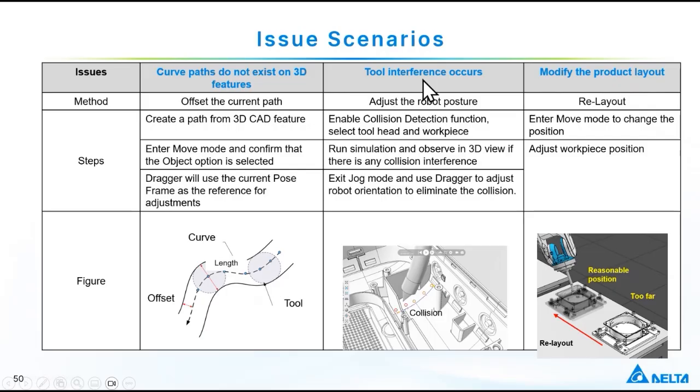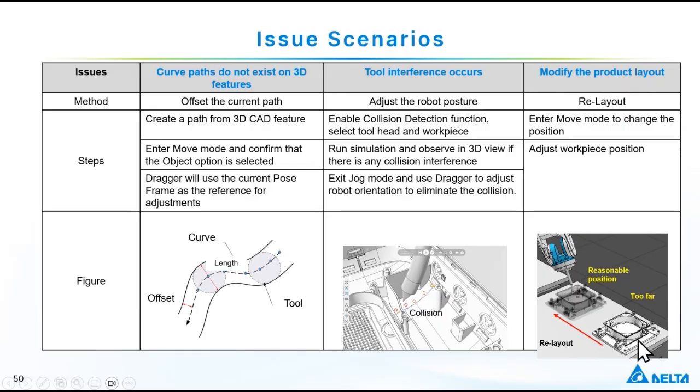And the second one is interference. It means that there is a curve, but we found that there are some collision effects during this curve, so we can modify the position and the orientation of the tool. And the final one is the reason why we have to create a user frame.